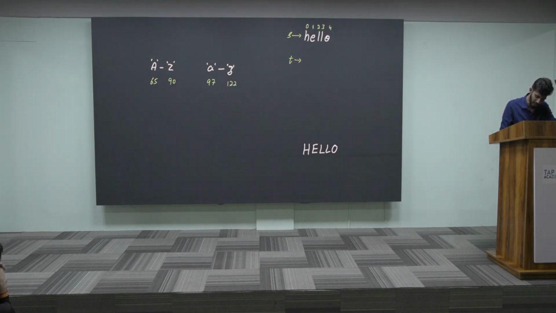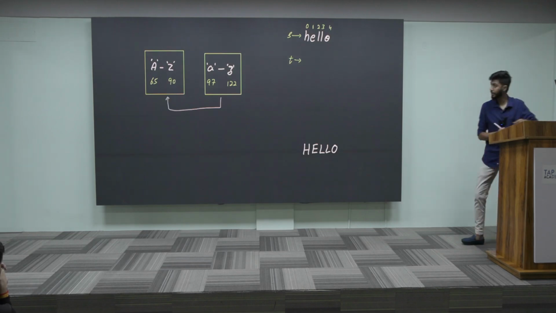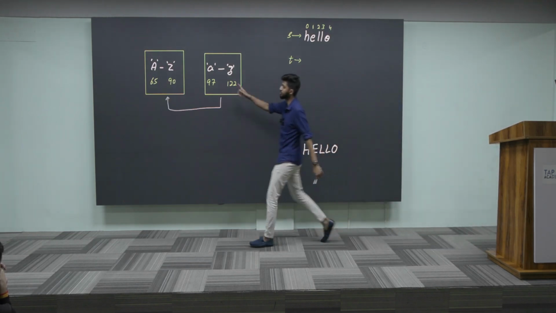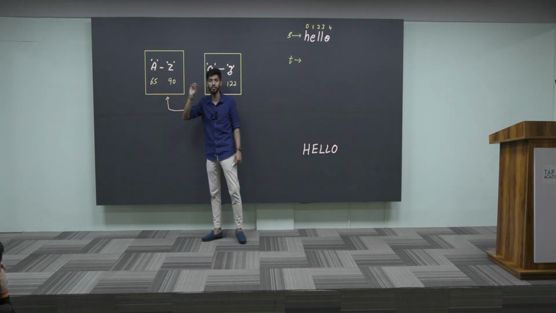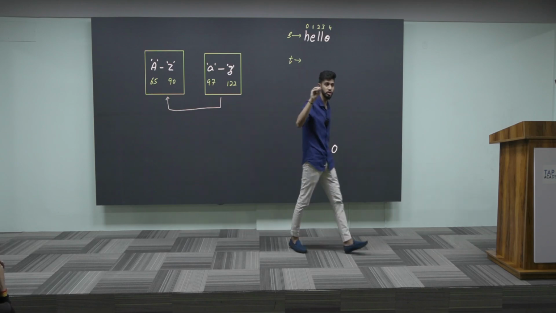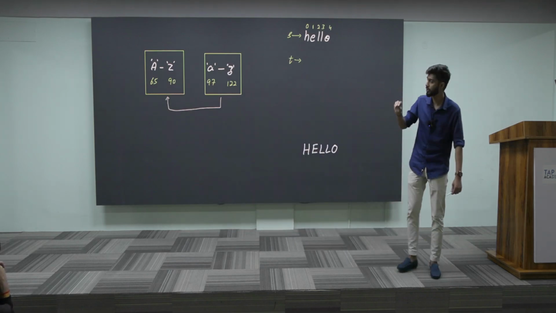So basically, in case you need to convert from lowercase to uppercase, we just have to subtract from this value to this value. 97 should become how much? 65. If 97 has to become 65, then how much should you subtract? 32.